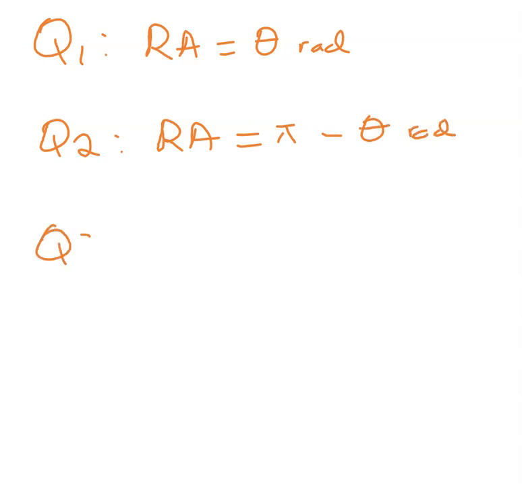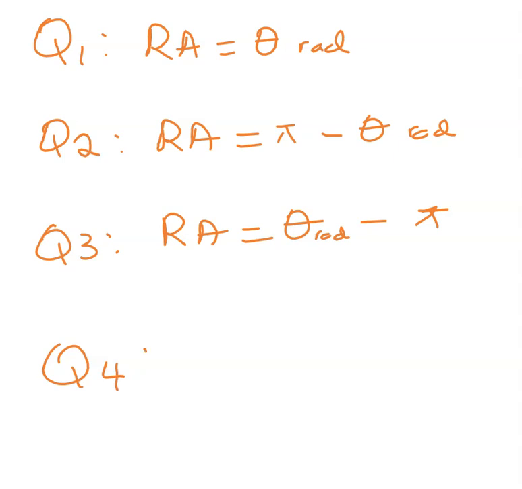And then quadrant 3, the reference angle is going to be the angle we're given in radians minus pi. And then quadrant 4, the reference angle is going to be 2 pi minus the angle that we're given in radians.